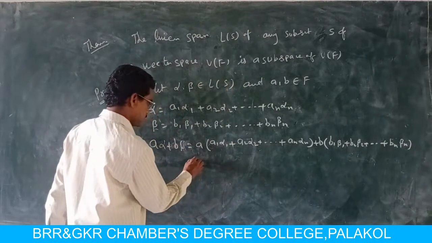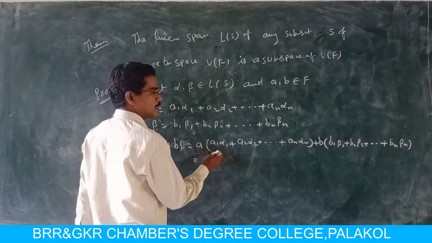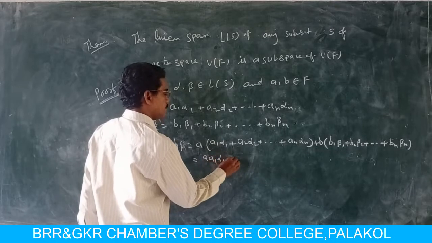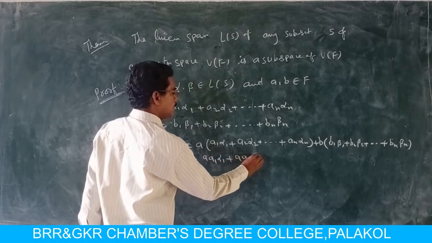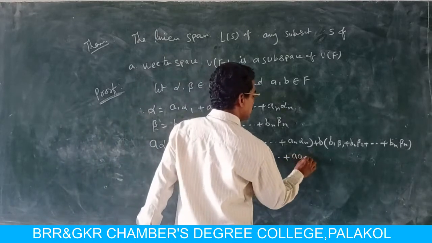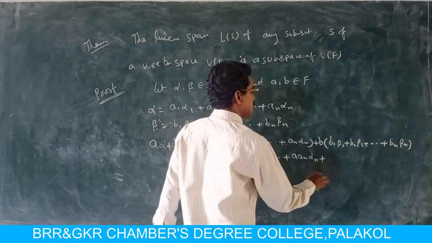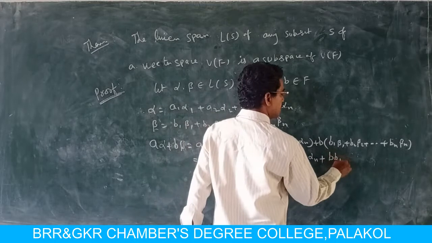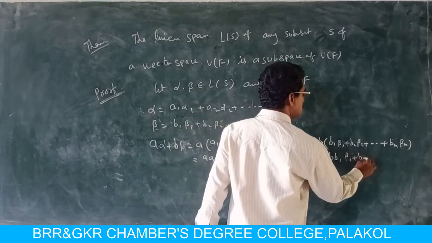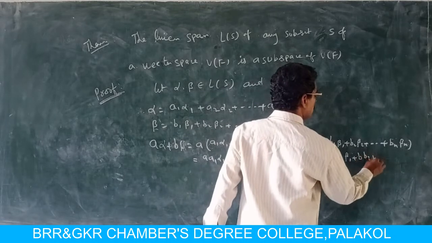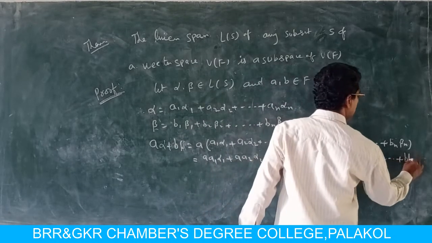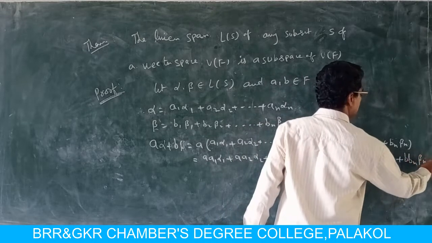Here this is the scalar multiplication of a vector. Then a1 alpha 1 plus a2 alpha 2 plus so on plus an alpha n plus b1 beta 1 plus b2 beta 2 plus so on plus bn beta n.